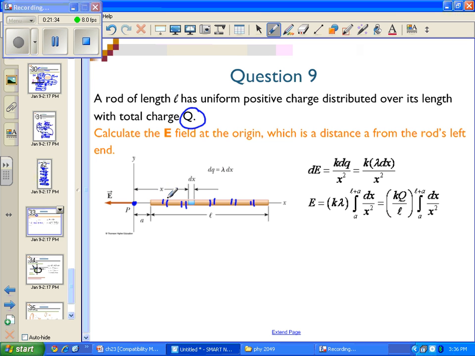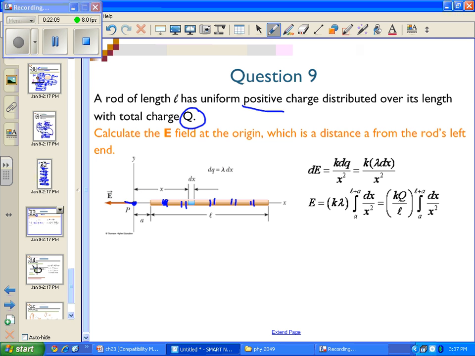Let's say we took this as our representative infinitesimal quantity of charge. In what direction would my proton feel a force due to this being the source of the electric field? Because the rod is positively charged, so is this little infinitesimal amount. And so my proton is going to want to make a quick getaway.